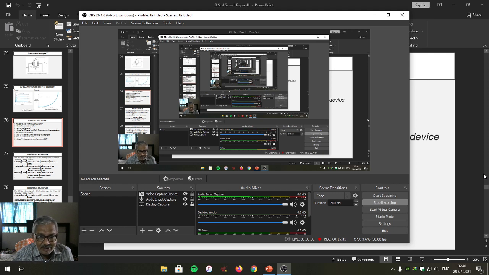Friends, at the end of this particular topic, I suggest that please do remember the formulas which we have studied up till now. One is the formula for drain to source resistance. Second one is the formula for amplification factor mu. Third one is the formula for transconductance.